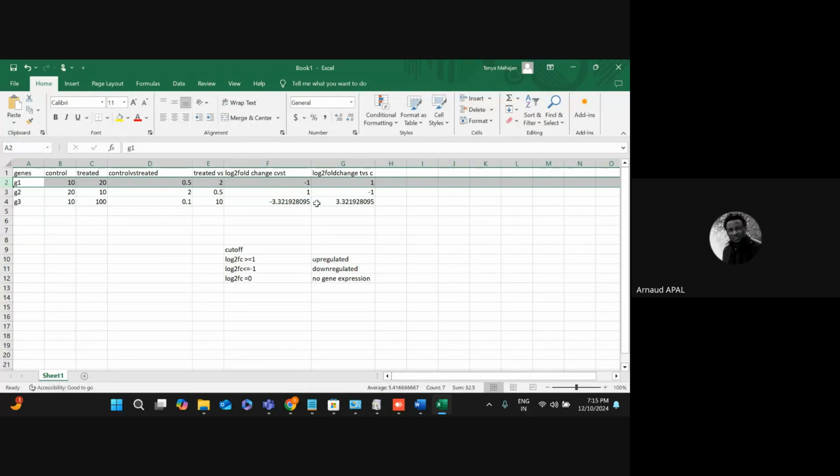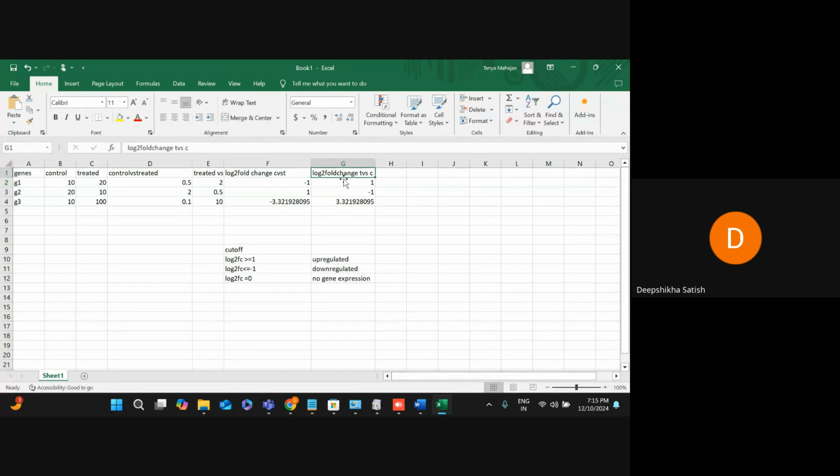No, it's upregulated. It depends. If we take treatment versus control, maybe it's upregulated. So you can see here, gene 1 is showing the higher expression in the treated versus control plan, right?